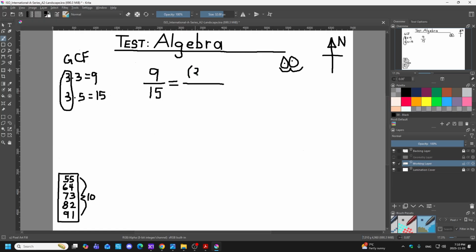I like to place the greatest common number in brackets. And then I ask myself, what times 3 gives us 9? Well, that's 3. What times 3 gives us 15? Well, that's 5.